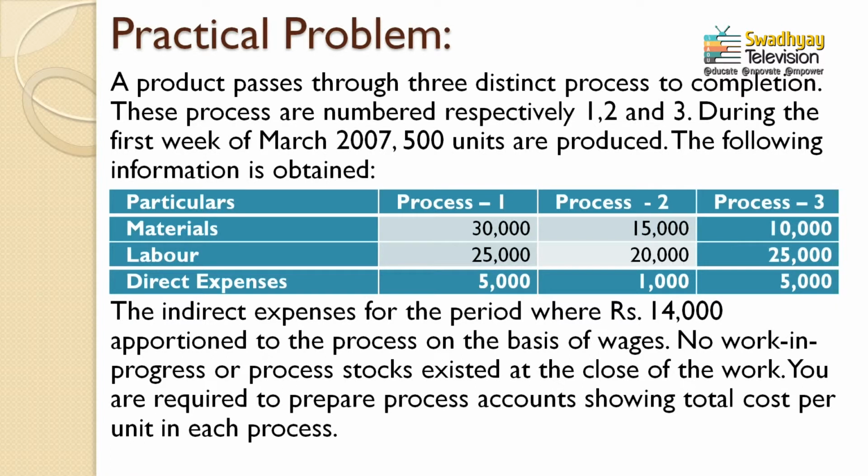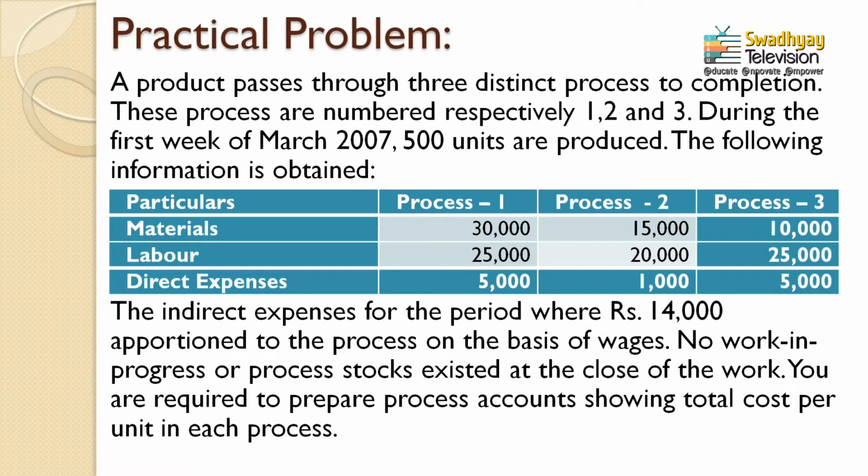See the format: we have 3 different elements of cost, that is material, labor and direct expenses, which have to be divided across all 3 processes, process 1, process 2 and process 3. Material expenditures incurred are 30,000 for process 1, 15,000 for process 2 and 10,000 for process 3, as clearly visible in the slide. Labor expenditures are also divided according to the process, that is 25,000, 20,000 and 25,000 for the 3 processes.